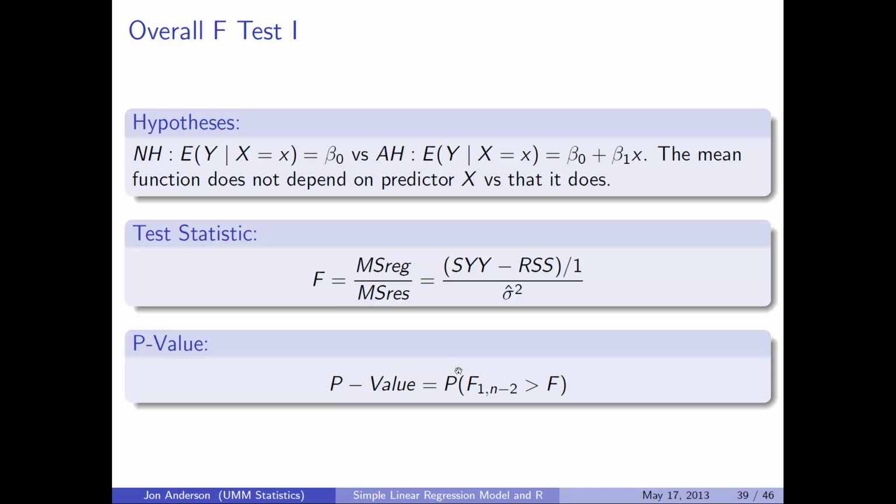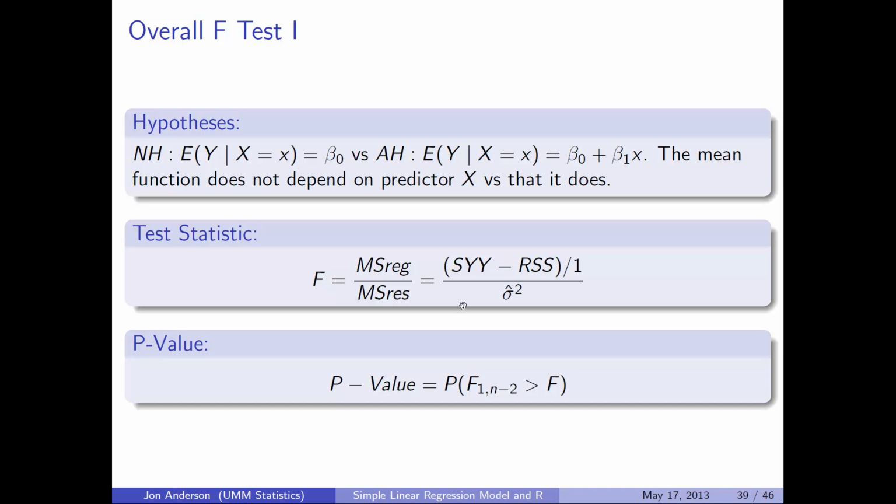And the f probability distribution is a very right skewed distribution that starts at 0 on the left and extends out in a long, skewed right tail. We can find the appropriate p-value by finding the chance that we could get an f random variable bigger than this computed f statistic.